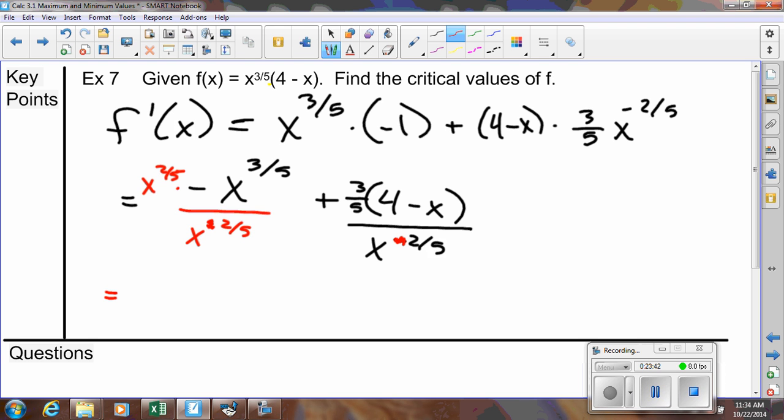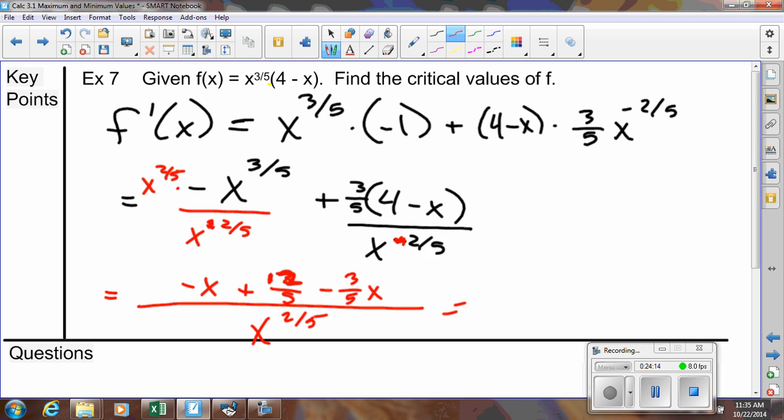Well, x to the 2/5 times x to the 3/5, just add those exponents. We'd get x plus 3/5 times 4 would be 12/5. And 3/5 times -x is -3/5 x, all over x to the 2/5.